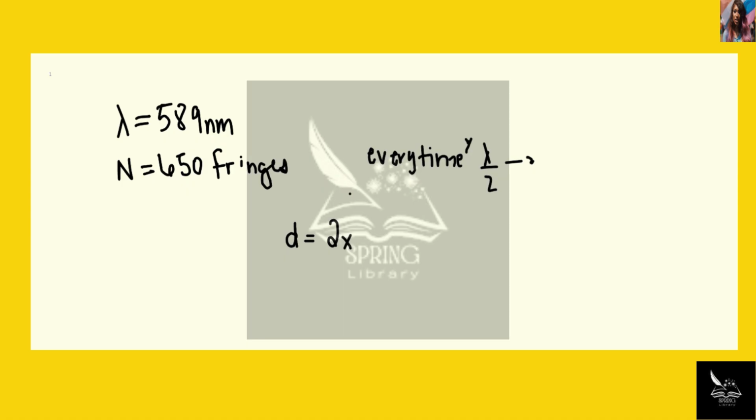Sorry, let me just pause and collect my thoughts. Okay, so I think I misspoke when I wrote that down. So let's just use a diagram to help us. So here's the light, here's a beam splitter, and it's going here, here, here's the mirror, and then you look at the interference here.